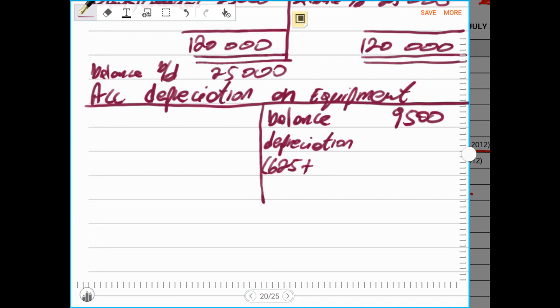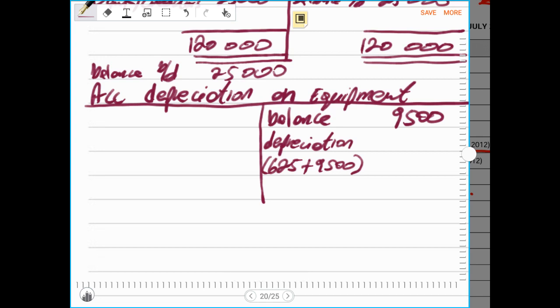The reason why we add the two is because the old equipment was sold at the end of the year. So both depreciation for the new equipment and the old equipment were recorded at the end of the year, because all the depreciations are recorded normally at the end of the accounting period, unless the asset was disposed during the accounting period.